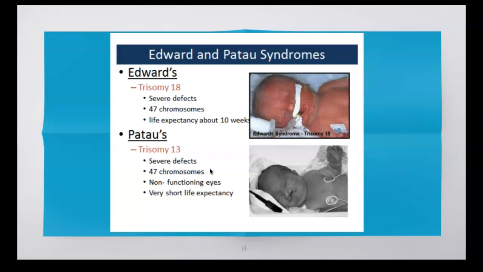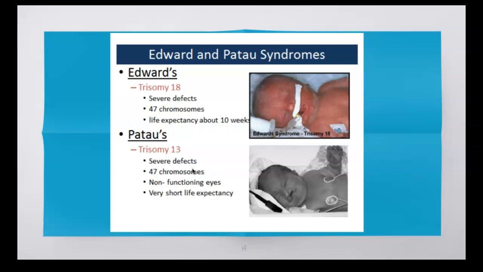These ones are really, really sad because these babies usually do not live very long. So trisomy 18, life expectancy about 10 weeks. Because of their defects that they're born with, because of the information that's carried on the 18th chromosome, their cells can't understand what to do, and some of them don't develop properly, and these babies are usually not super healthy, and they're born with severe defects and end up not surviving.